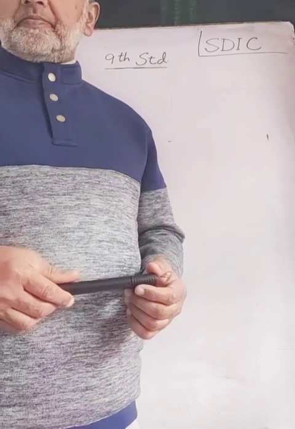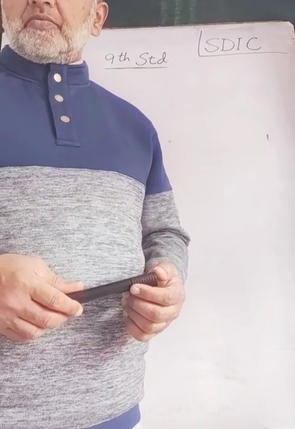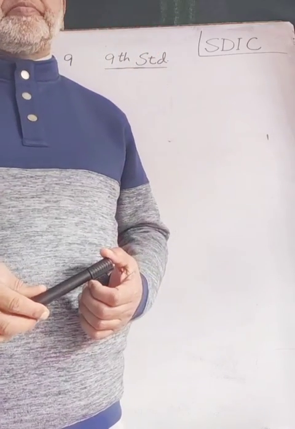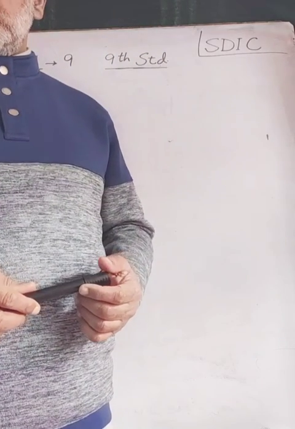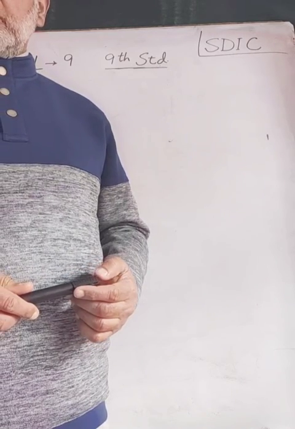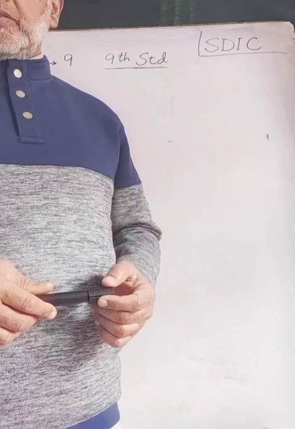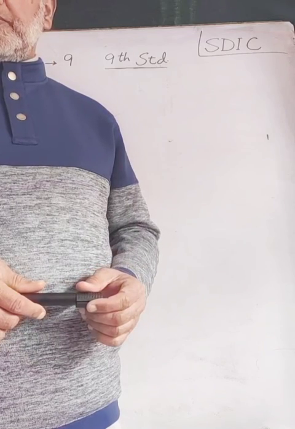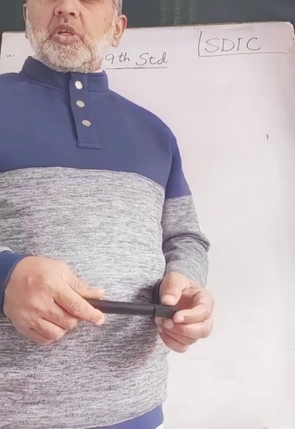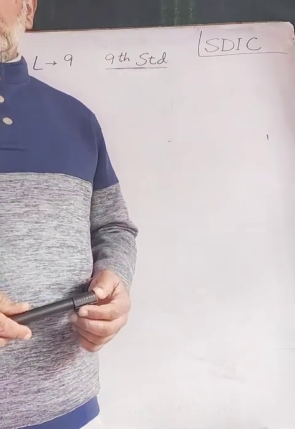From the last exercise of triangles chapter 1, a question was left last time. We'll first complete that last question of the triangles chapter, and then we will begin a new chapter today.